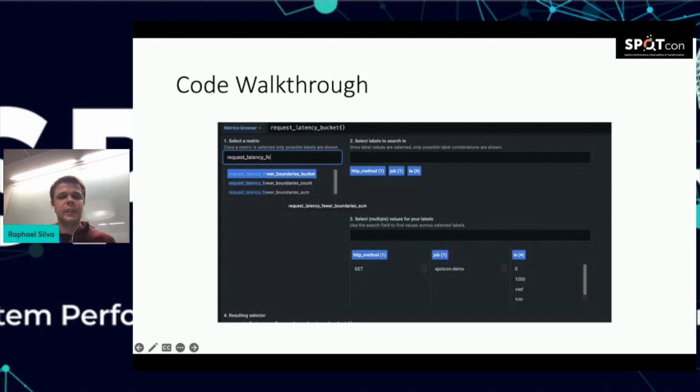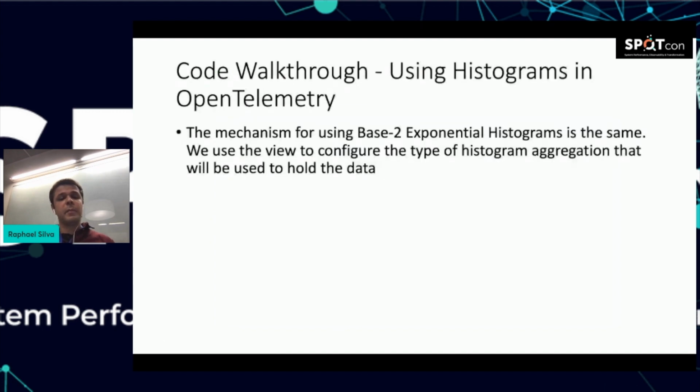Okay. For base 2 exponential histograms, the mechanism for defining and using them is pretty much the same. We have to use a view to configure the type of histogram aggregation that will be used to hold the data in a histogram created by the API.